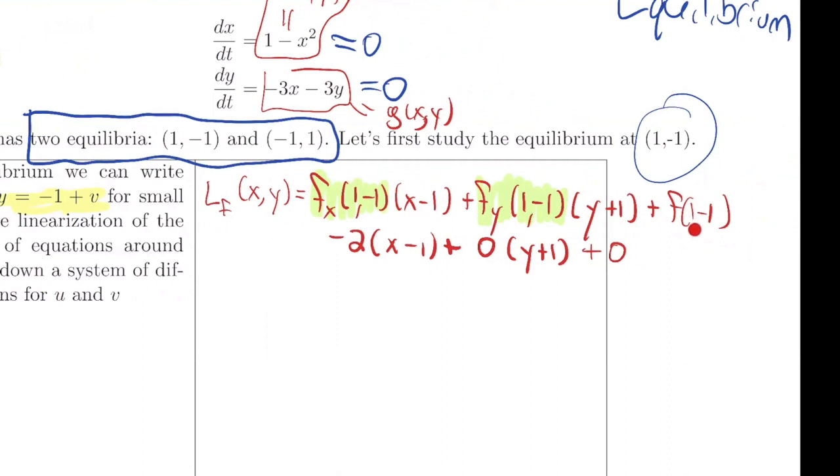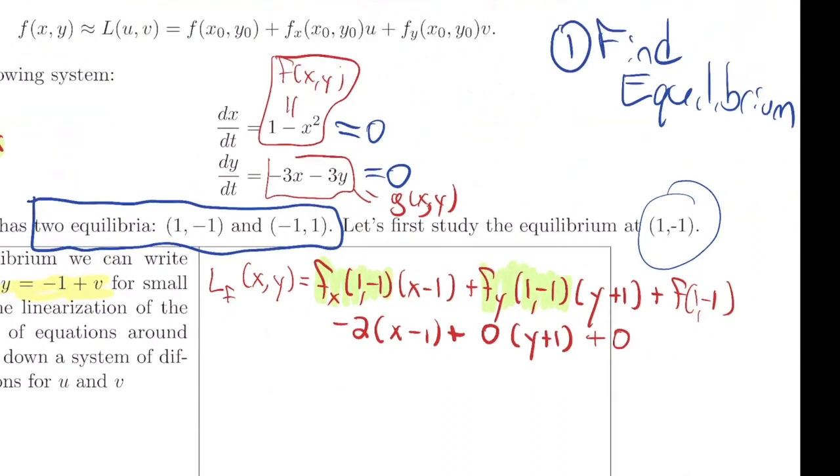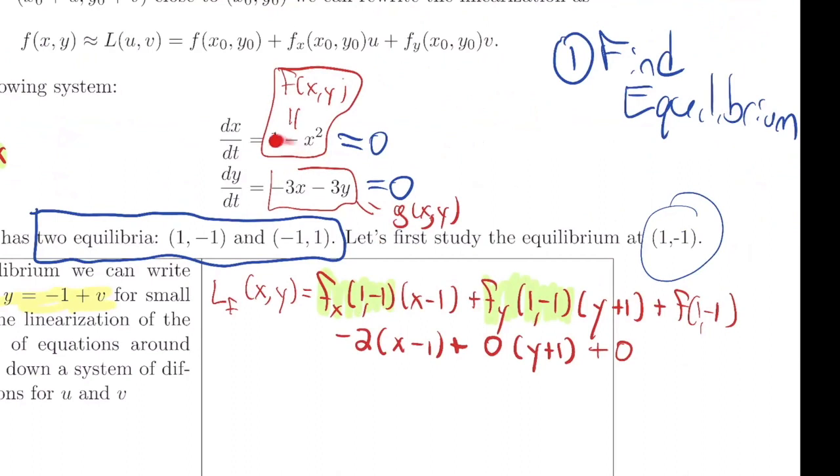And let me just say, because (1, -1) is an equilibrium, we know that when I plug it into this, I should get 0. And when I plug it into this, I should get 0.